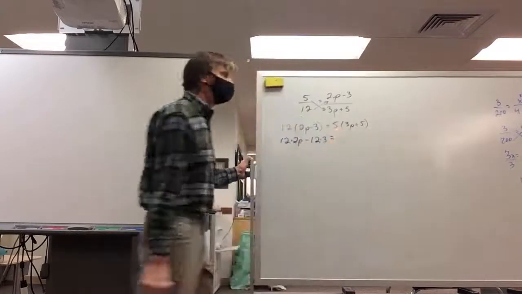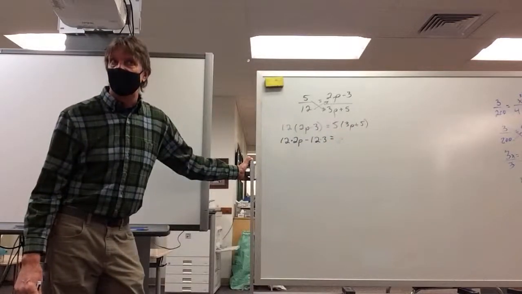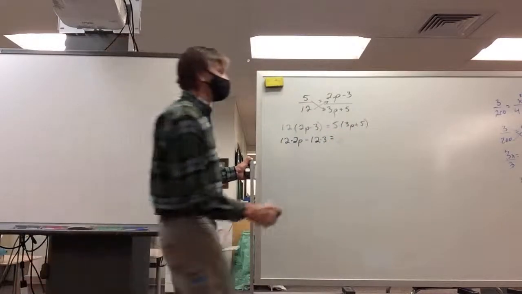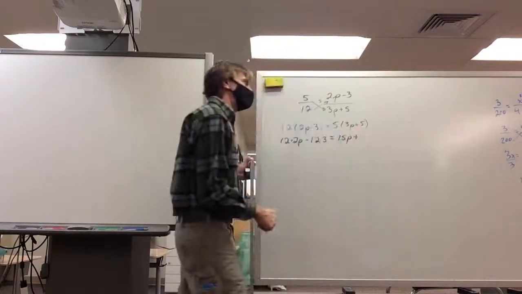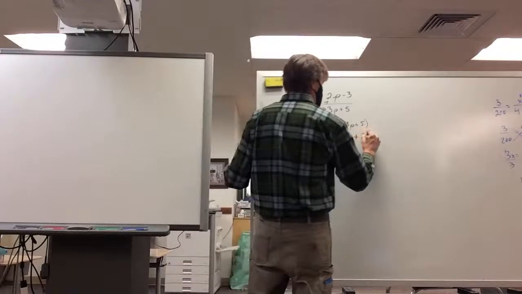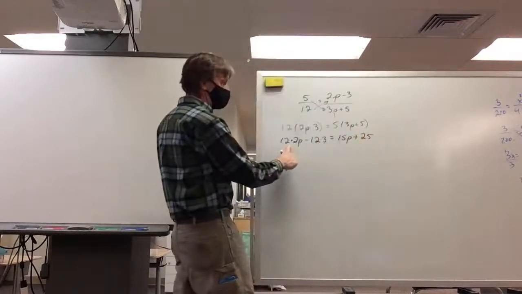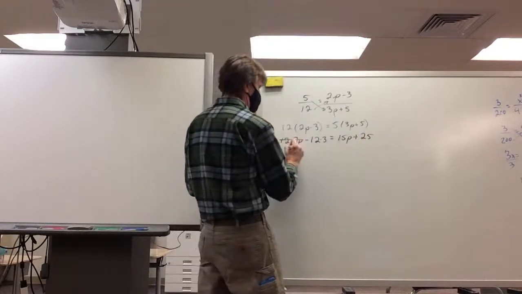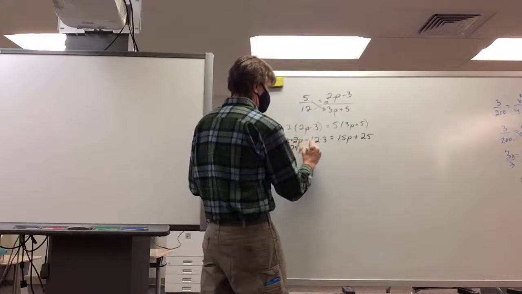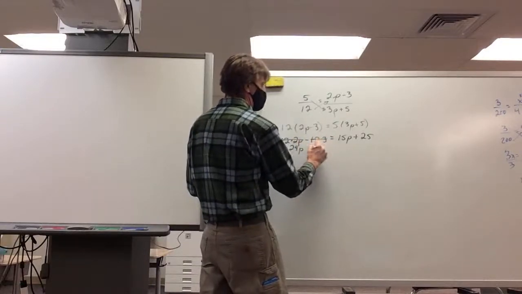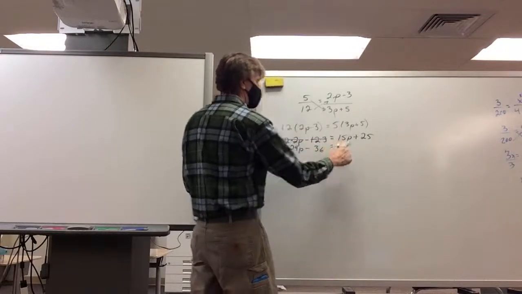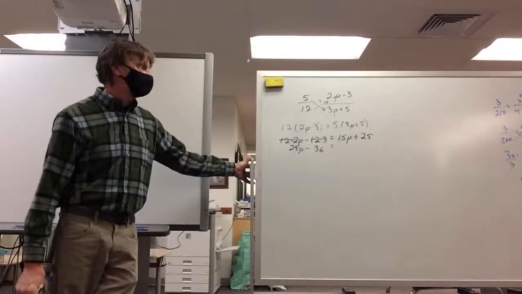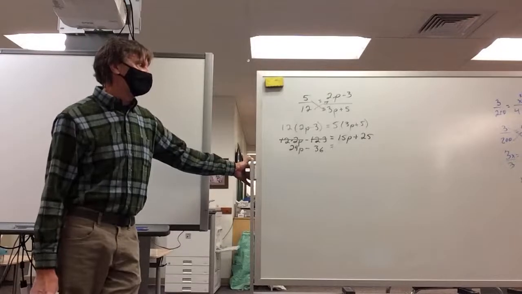Can you do 5 times 3 right away? 15. And 25. So this over here is 24p, right? And that's 36. Okay, so this is equal to that. Now what do we have to do?